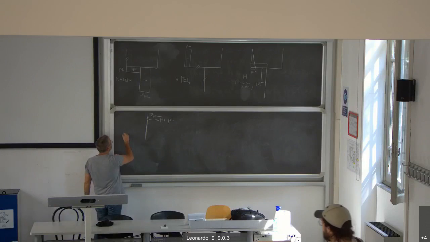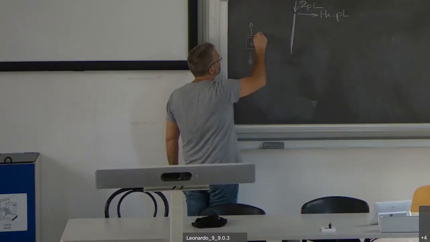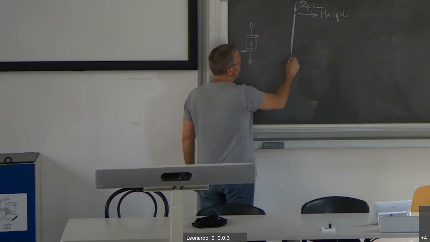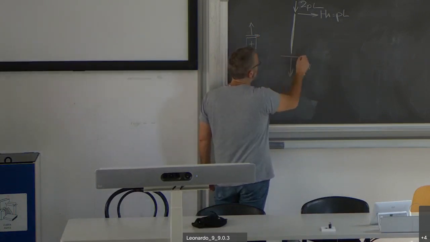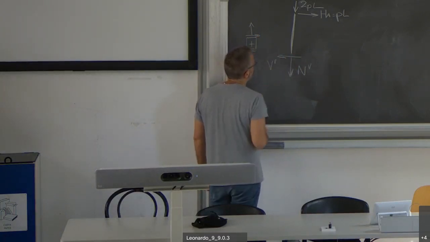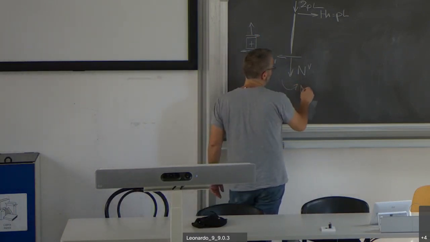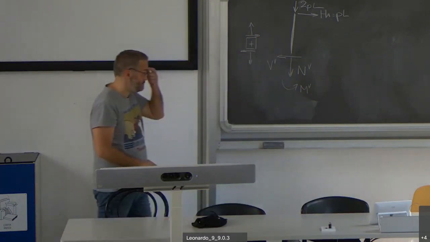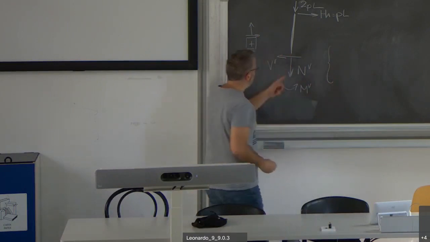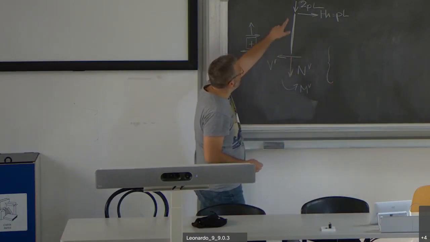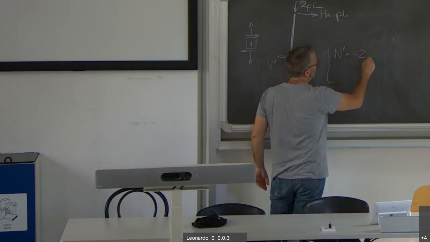Okay, usual conventions: tension, tension, clockwise, clockwise. So tension N5, shear force V5, and bending moment, I'm assuming it like this, M5. What do I get? This goes down, that goes down, so N5 equals minus 2PL.